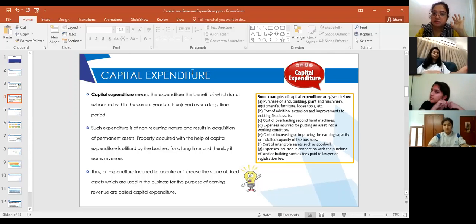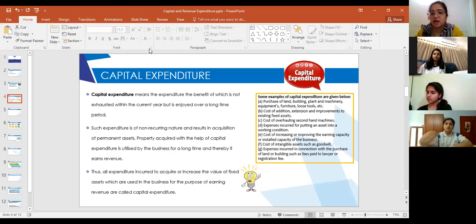Okay, tell me one pointer which I said. Capital expenditure means the expenditure, the benefit of which is not exhausted within the current year, and it can be used over a long period of time. Excellent. Muskan, second one. Ma'am, I have a doubt. I'll listen to the doubt. First, tell me the pointers which I have said.